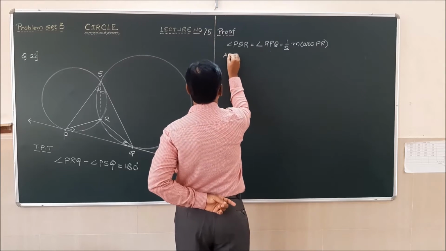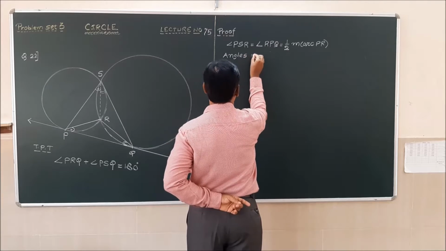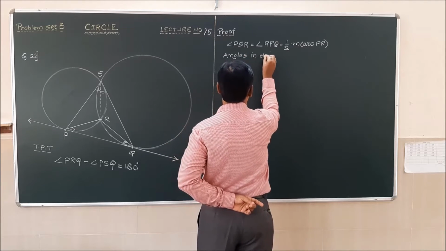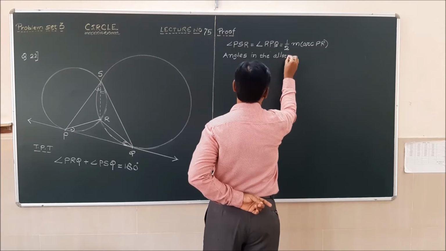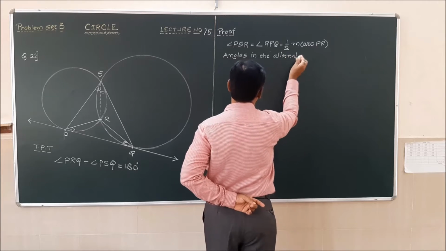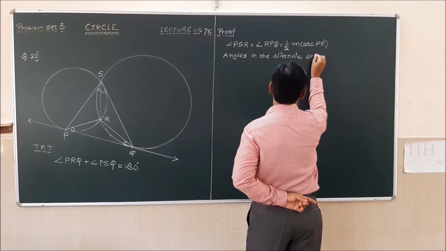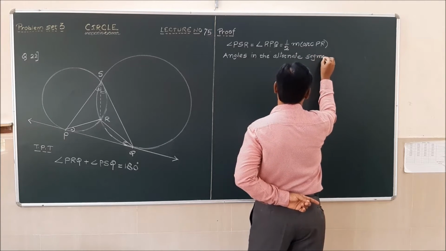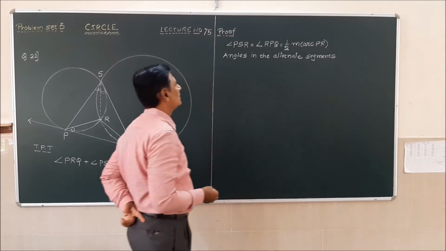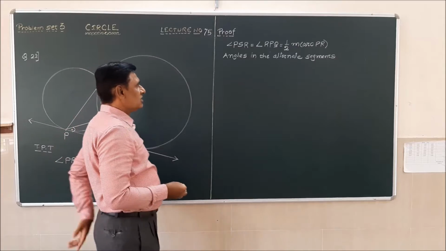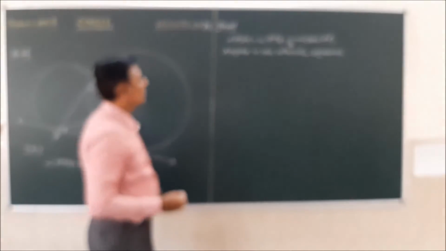Angles in the alternate segment. The combination of the results of the inscribed angle and the tangent-secant angle theorem is called angles in the alternate segments. So the measure of each of them is equal to half measure of arc PR.